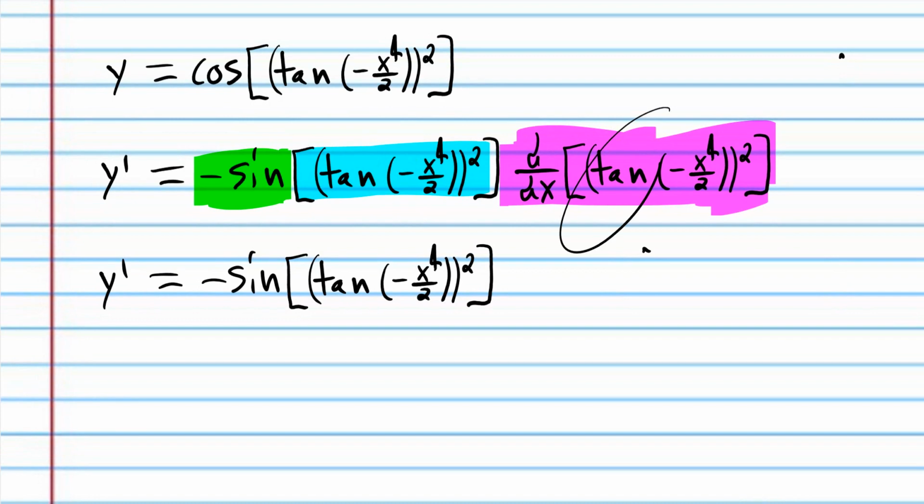So now we're going to find the derivative of the purple expression, and it looks like tangent is the outside function, but actually the square function is the outside function. So we're going to find the derivative of the outside function. And I'm just going to keep the brackets there, I guess.